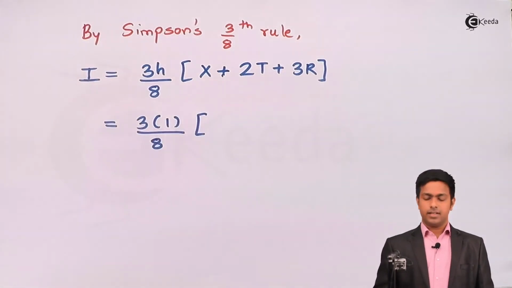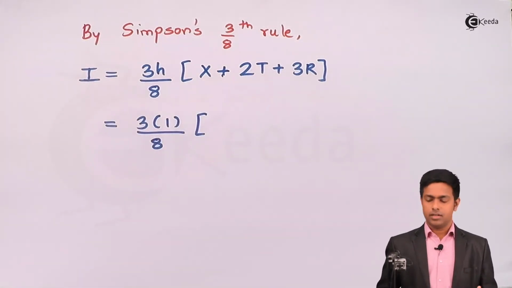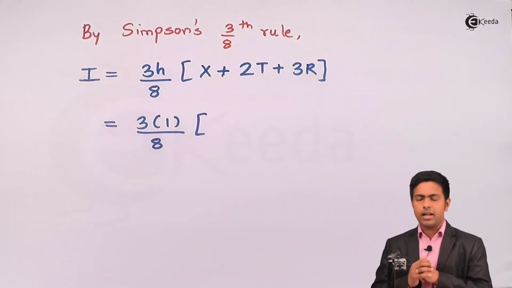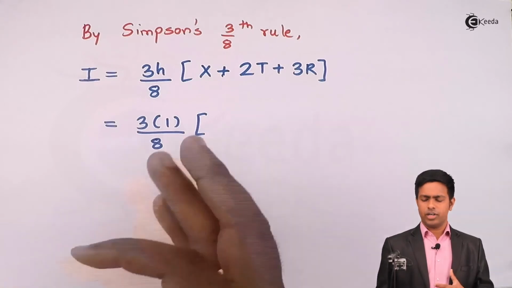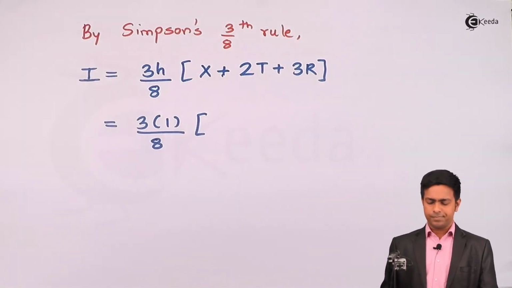X is the sum of extreme ordinates, T is the sum of ordinates which are multiples of 3, and R is the sum of the remaining ordinates. So let's find out these values first.